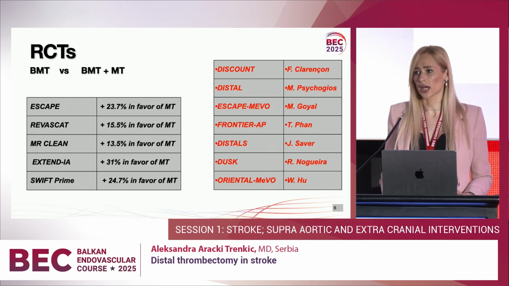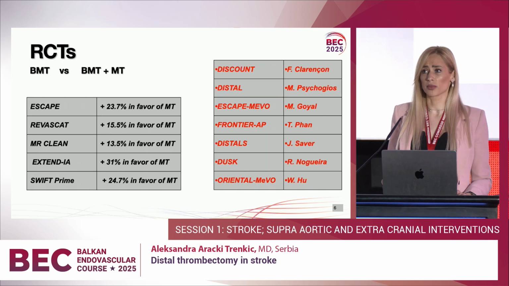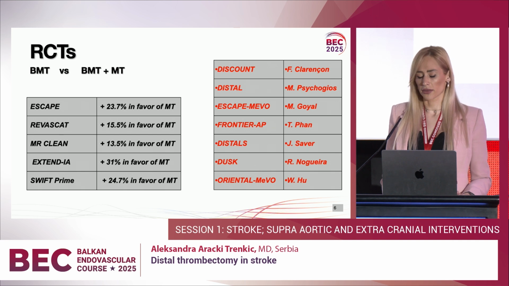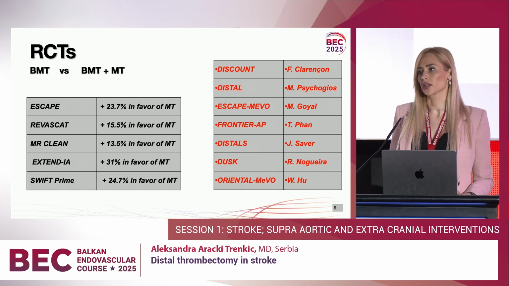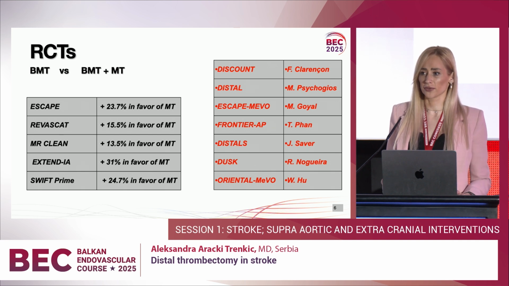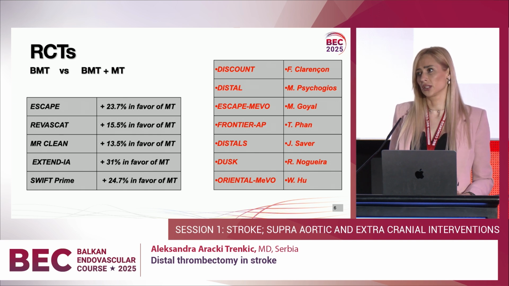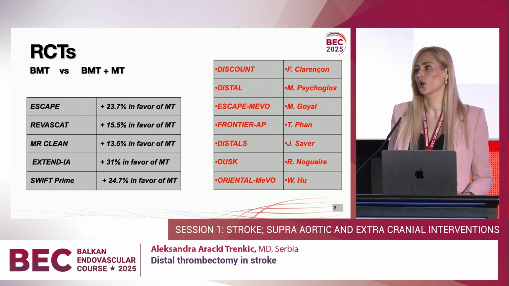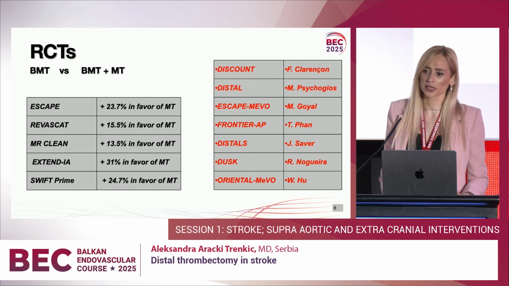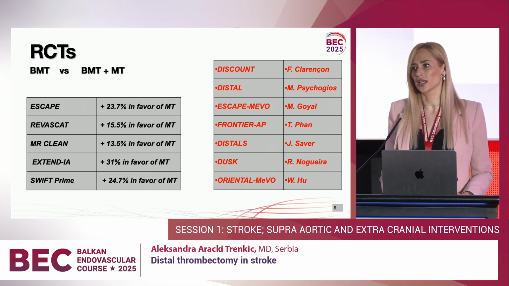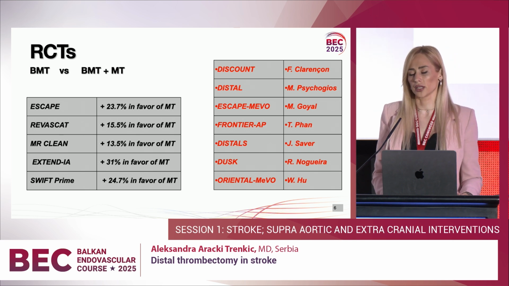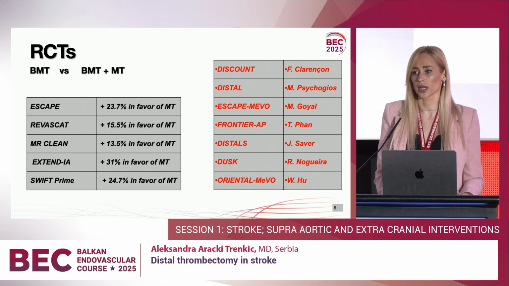And what about the studies? The first studies for endovascular treatment far away in 2013 were negative. Then beginning from 2015, multiple trials have shown the benefit of thrombectomy in early large vessel occlusions, followed by extended trials in 2018 and large core trials in 2023.